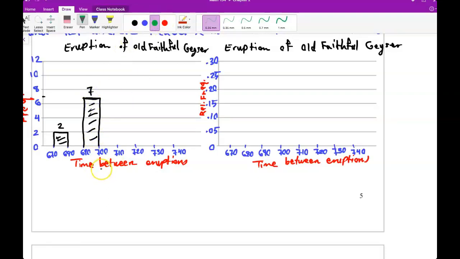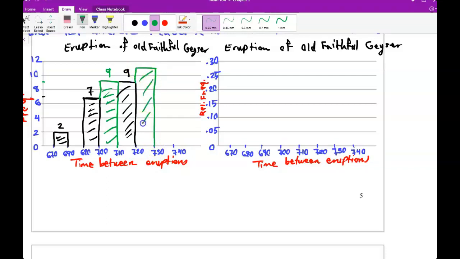Next, between 700 and 710 we have 9. Again 9. Here is 11. And this one is 7.